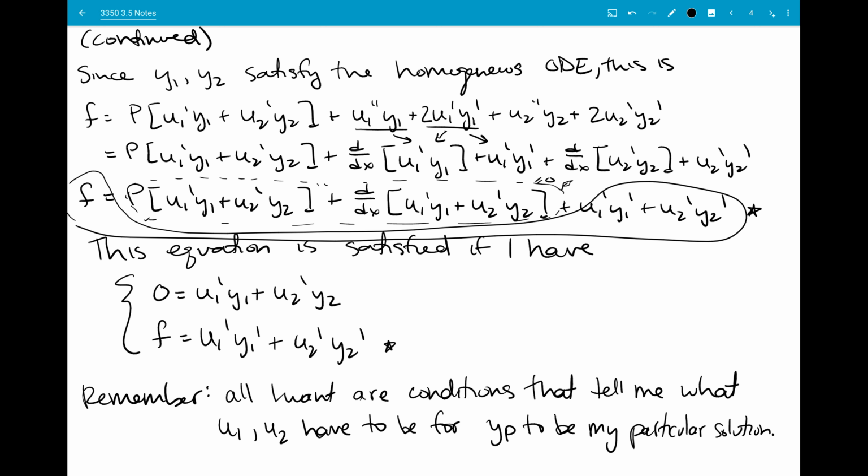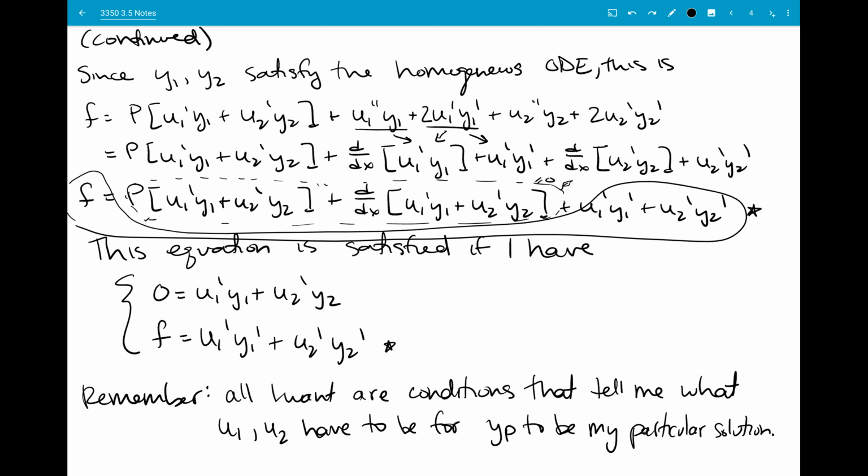So it doesn't matter that these two equations I kind of invented as a way to satisfy the equation above. The equation above makes it so the y sub p is the solution to the differential equation. So these two random conditions, as long as they make that happen, it's okay.